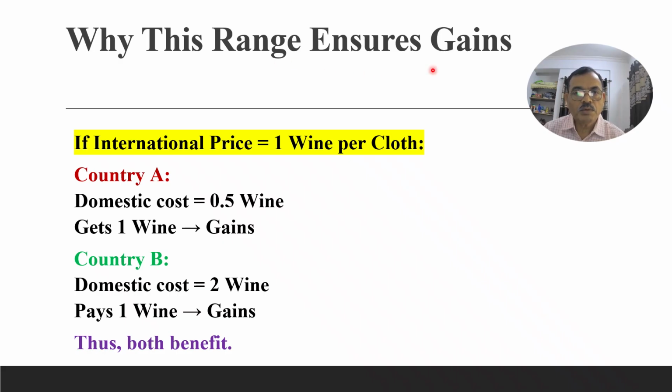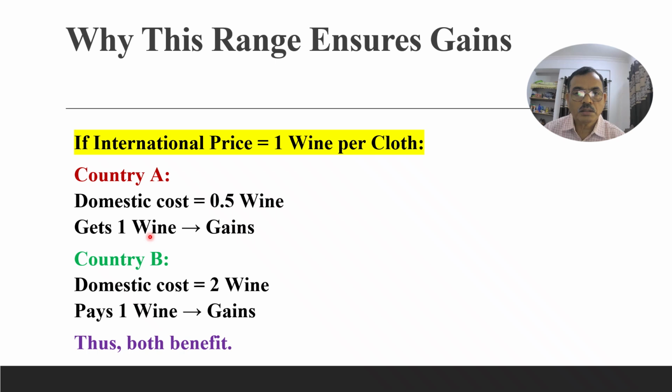Why does this price range work? If the international price equals 1 wine per cloth, then country A gains because domestically 1 cloth costs 0.5 wine.